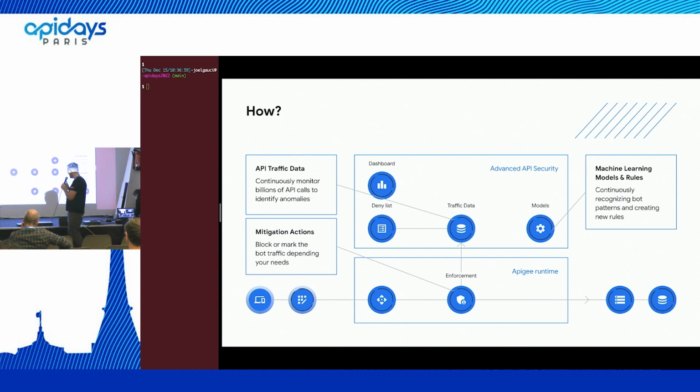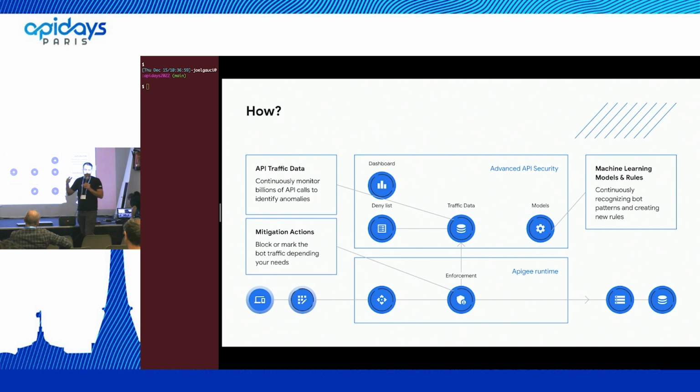Just to finish, the good news is that Advanced API Security works on our control plane. The machine learning models continuously train on our data analytics and the analysis that you can have in Apigee. It's not running on the runtime, so it is not going to add any latency to your runtime.